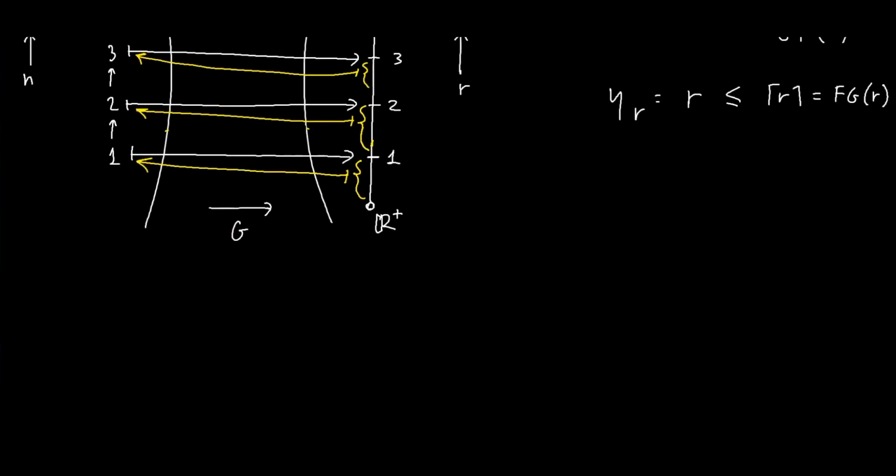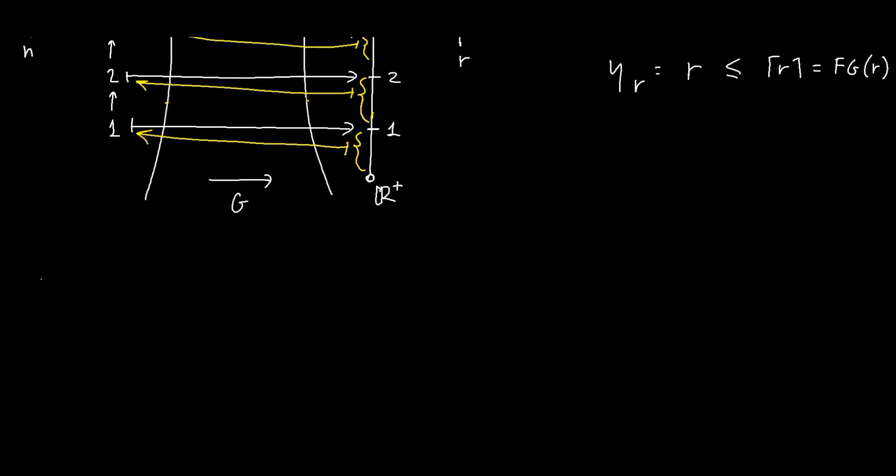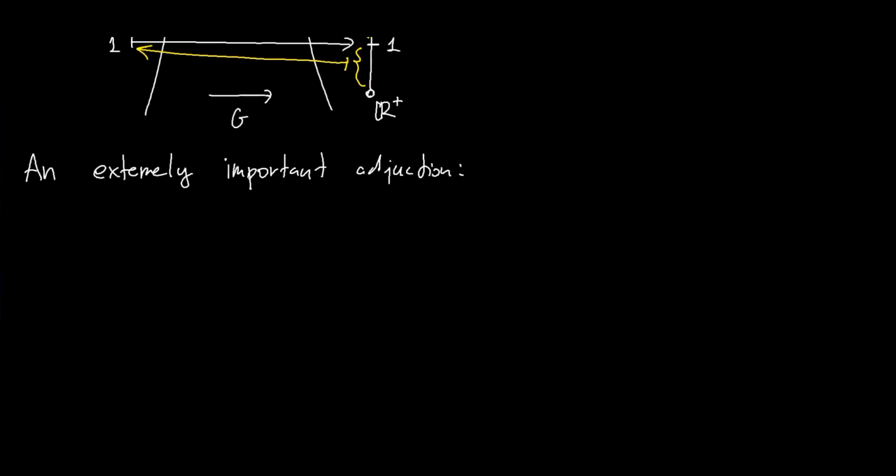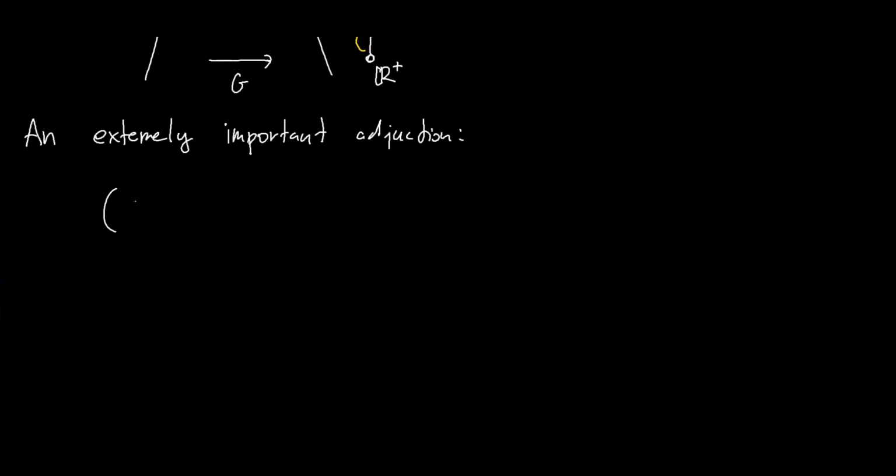And here is another extremely important Galois connection, an extremely important adjunction, where we take a function obtained from function f, so an abstract function gives rise to an adjunction as well.